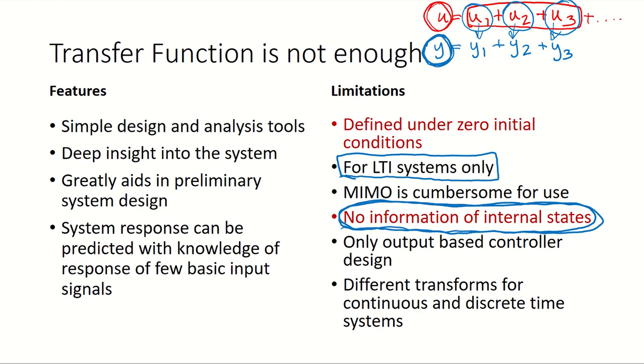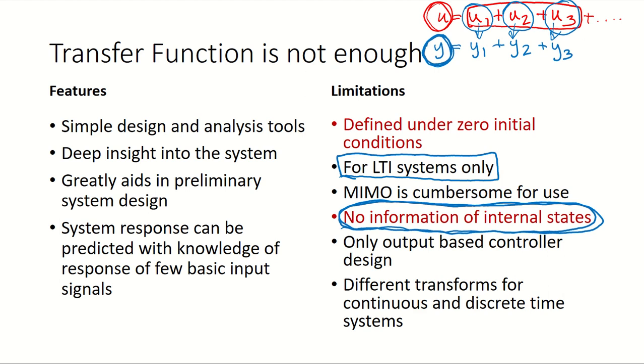We also have different transforms for continuous and discrete time systems. In the transfer function approach, if we want to represent a continuous time system, you have to go into the S domain, the Laplace transform.